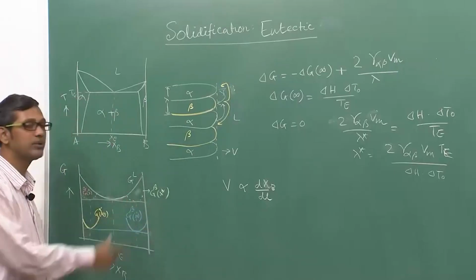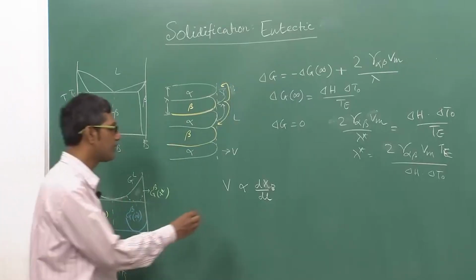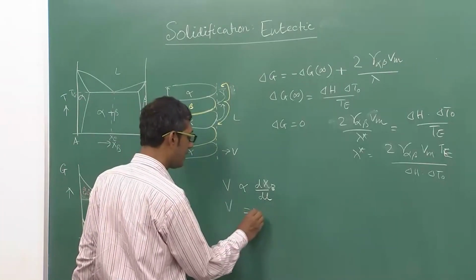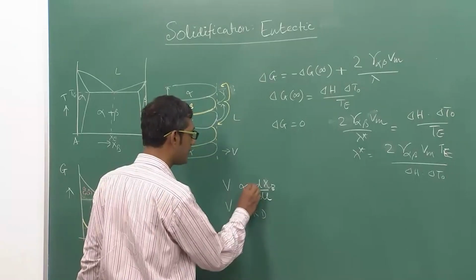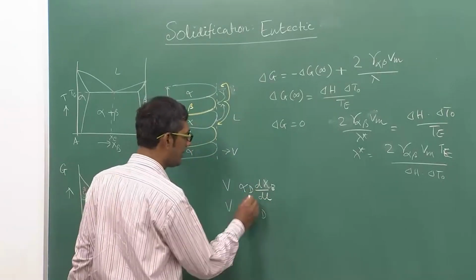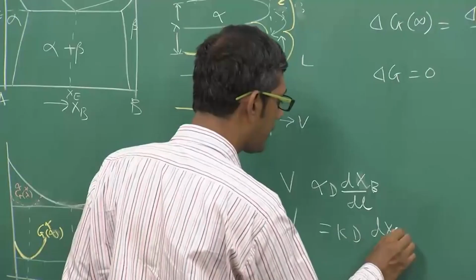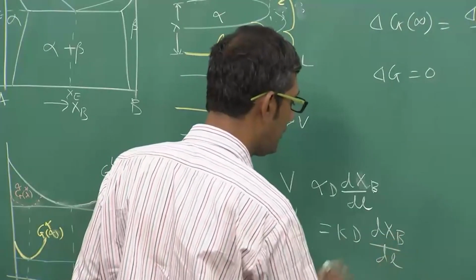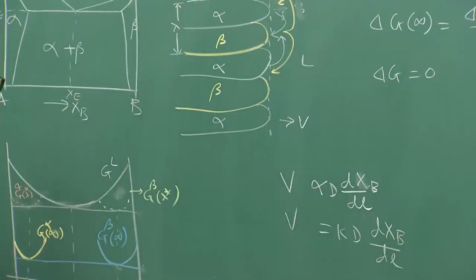So therefore this tells you the compositional gradient. So we can write V is basically a constant K, proportional to the diffusivity times dxB by dl, right, this must be written like this, correct.